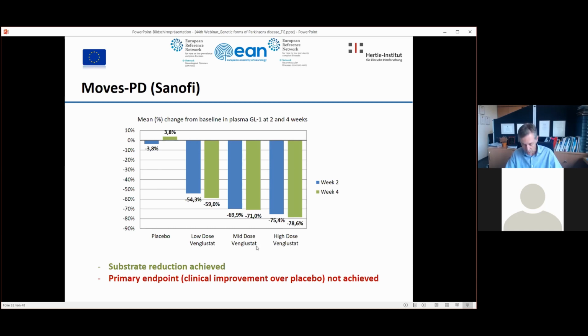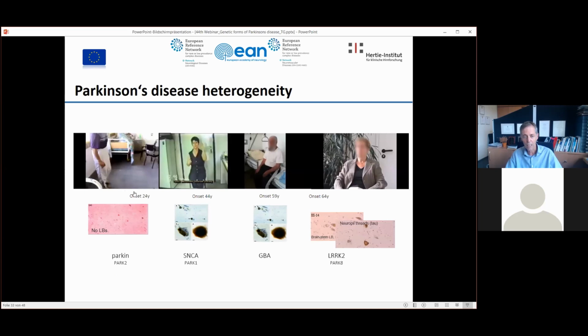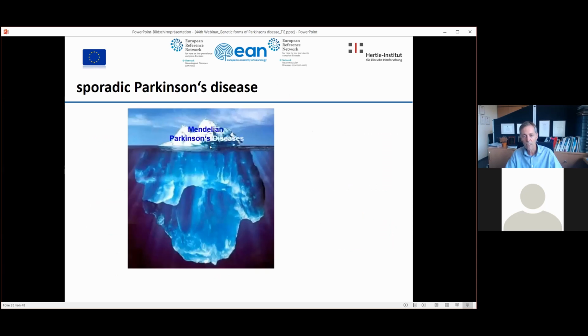We have to remember, though, and keep in mind that all these forms of monogenic Parkinson's disease that we just discussed are only the tip of the iceberg. They are the ones where we find mutations, and they're probably less than 10% of all patients that have one of those mutations that we've discussed so far.